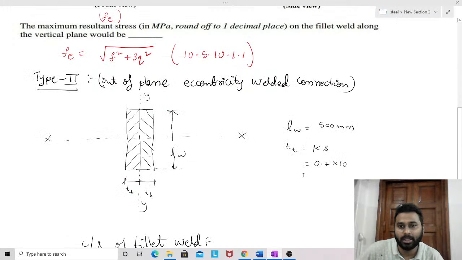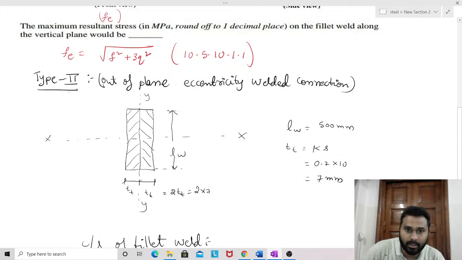That is what I have written here. So how much is the throat thickness? 7 mm. It means the total width of the fillet weld is 2 TT, that is 2 into 7, that is 14 mm. These are the cross sectional dimensions of the fillet weld.